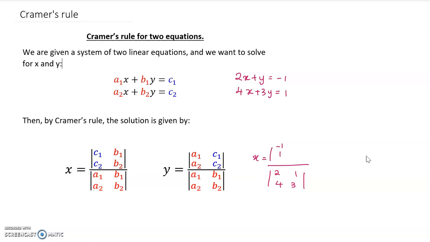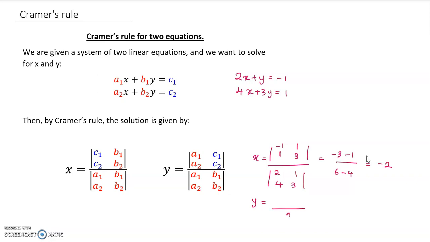The second column is the coefficient of y, which is 1 and 3. So at the top you have -3 minus 1, over at the bottom you have 6 minus 4, which is 2. So this is -4 divided by 2, which gives -2.